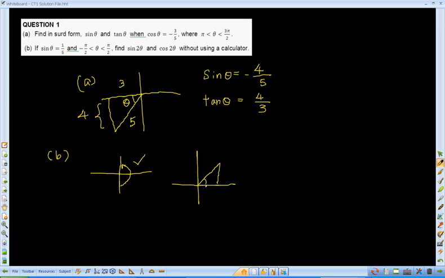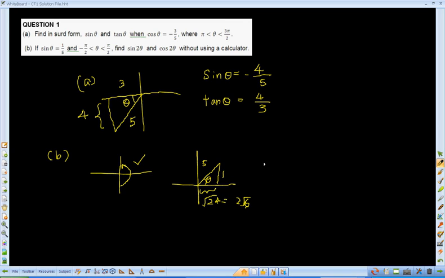So now we can draw the triangle again. The theta should be helpful, and this is 1 over 5, and using Pythagoras the length of this side here can be calculated, and that would actually be square root of 24, and you can simplify this further as 2 square root of 6.